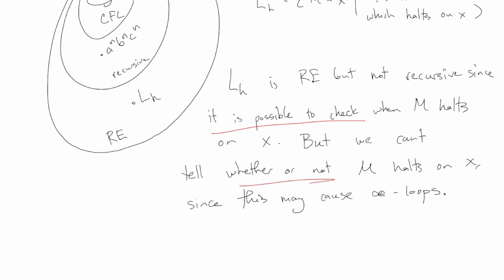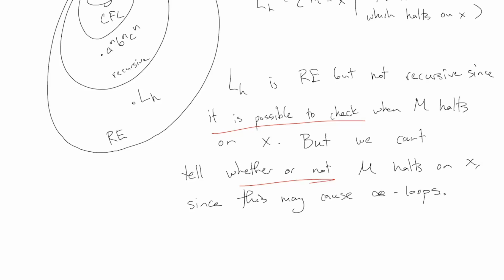All right. So if you know ahead of time that it's going to stop, then you can verify that it will stop by just running the Turing machine, and when it stops, you know that it stopped. But you cannot just take a string out of nowhere and ask the question, is it going to stop or not? That is not possible to answer, because in practice you can't tell the difference between something which is running for a long time but may eventually stop versus something which is an infinite loop.